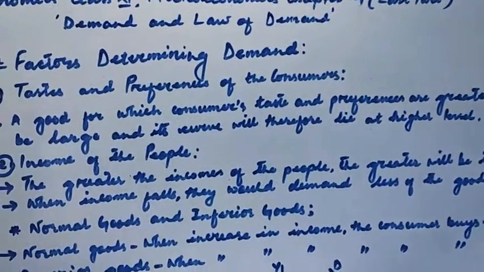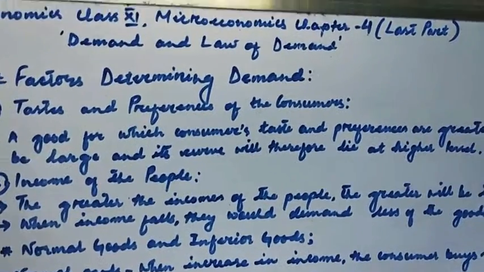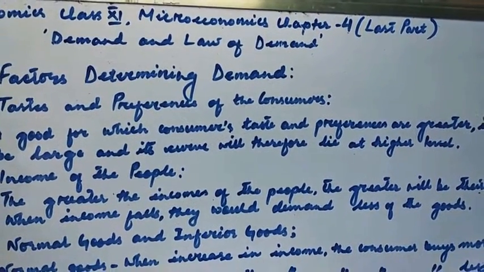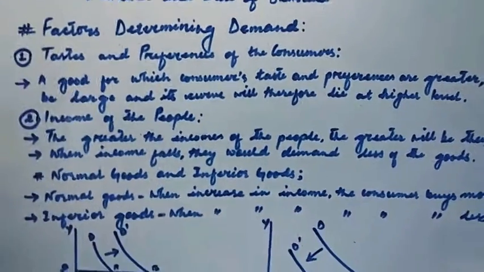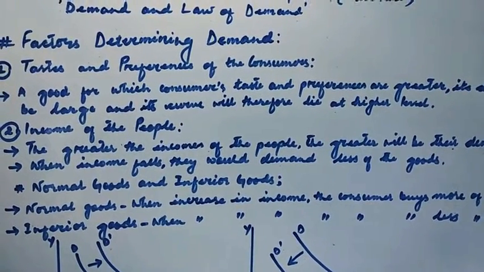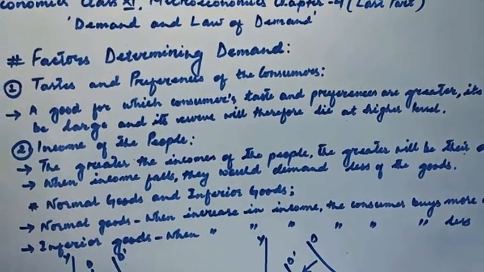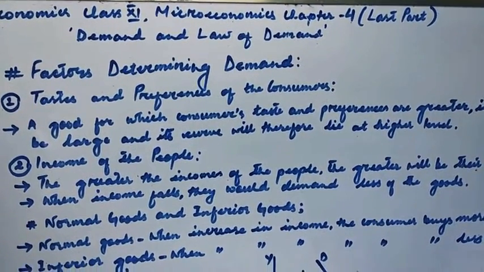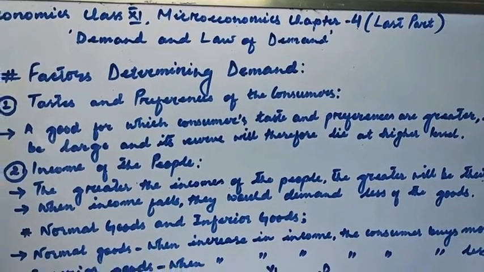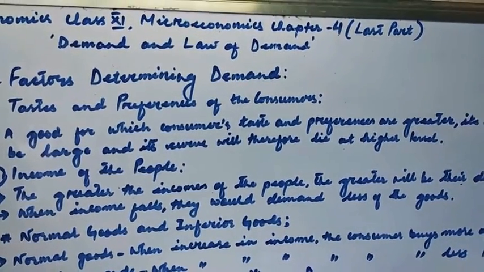And again, people's taste and preference for various goods often change, and as a result there is a change in the demand for them. Consumers' taste and preference changes from time to time, and then the demand for that commodity will change. The change in demand for various goods may occur due to change in fashion.